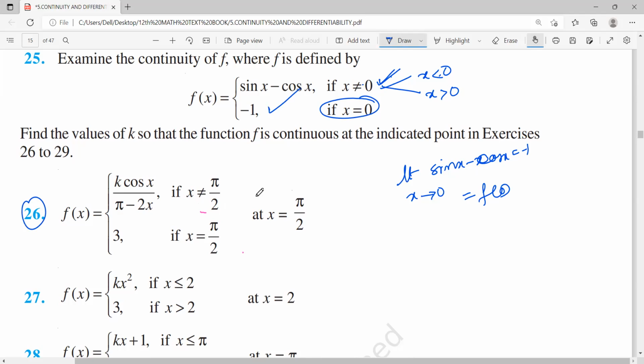If it is said f is continuous at that point, we have to compare LHL and RHL.